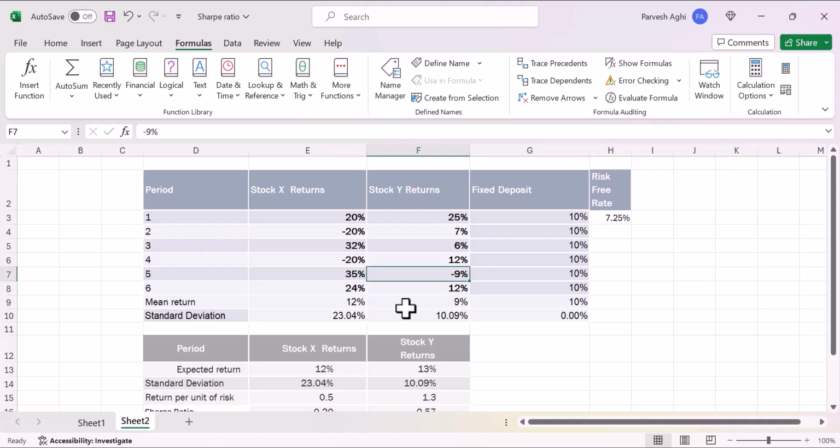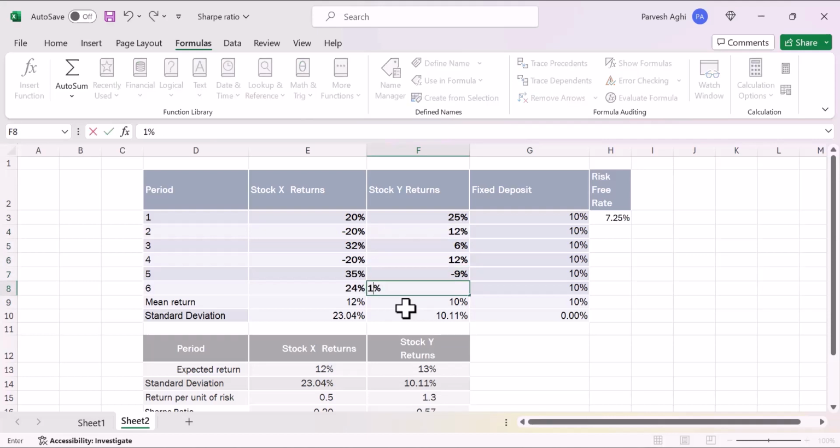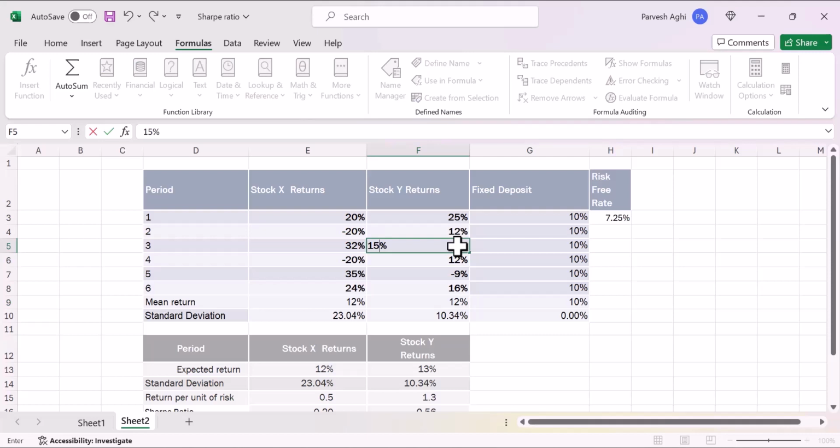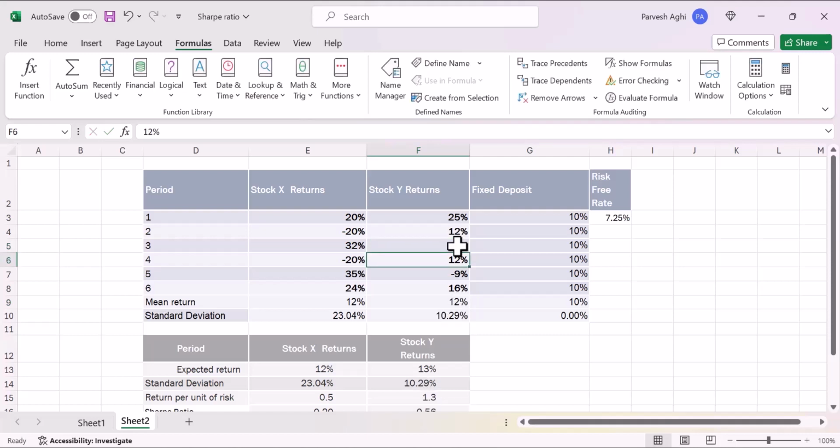Okay, but I want this return to go up a little bit. इसको 14% ले लेते हैं, इसको 16% ले लेते हैं. फाइन, let me make it 15%. Okay, so it still won't move much. Anyway, now the two stocks are given to you.